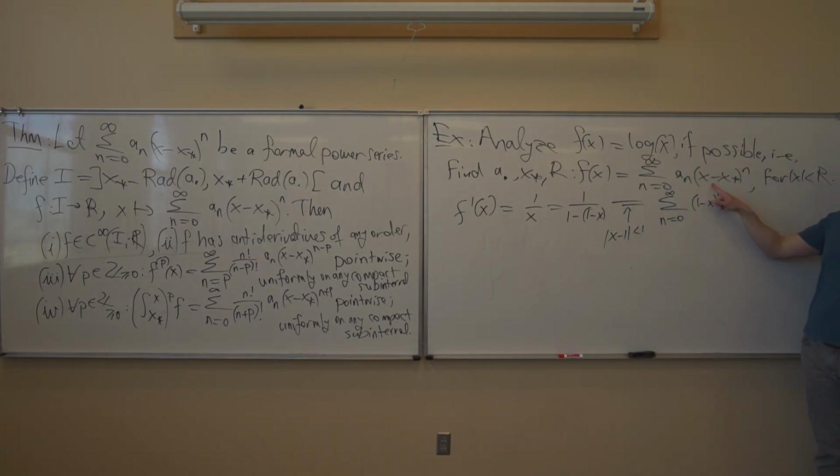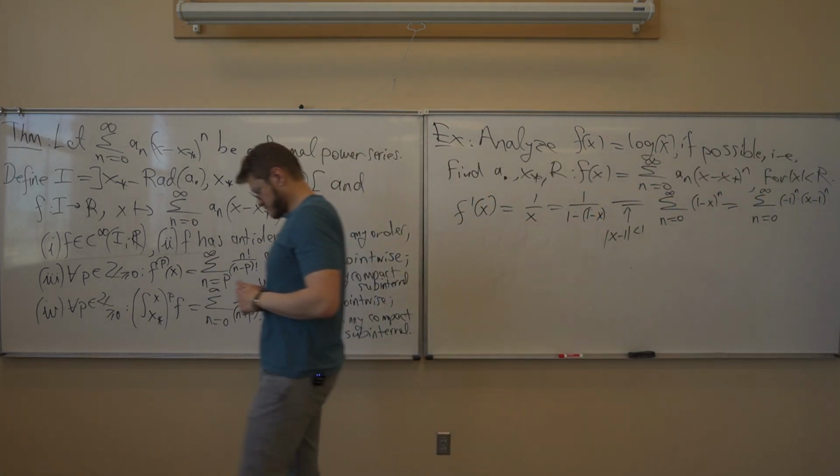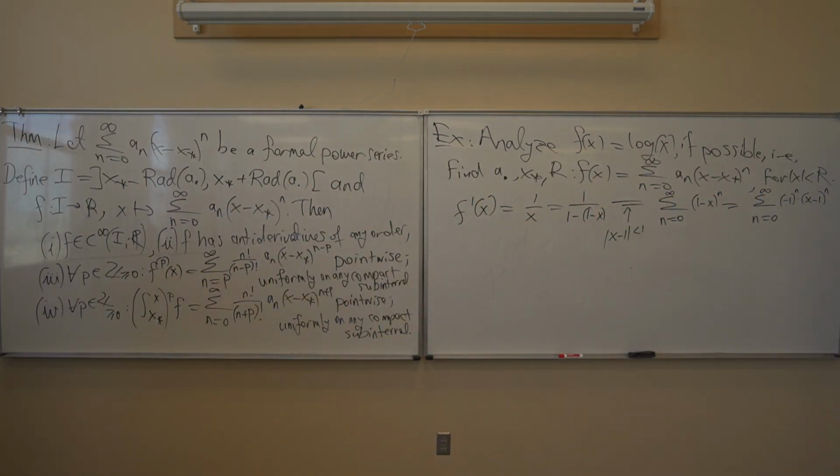But the format I like is the other way around. It's not 1 minus x, it's x minus 1. So if I were to multiply this by minus 1, I could flip it. So this is this: minus 1 to the power n times x minus 1 to the power n. Any questions so far?